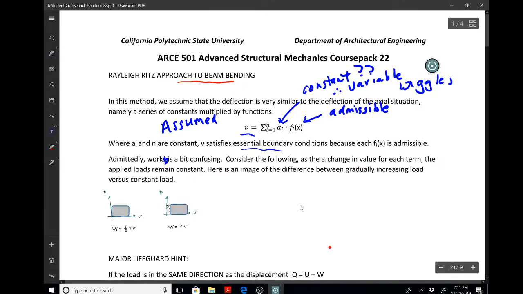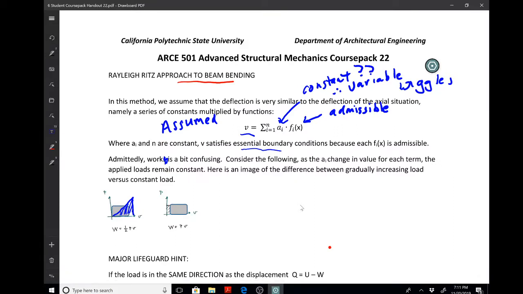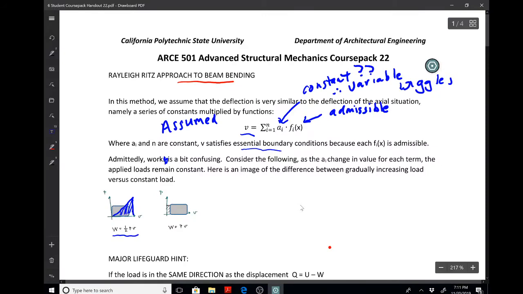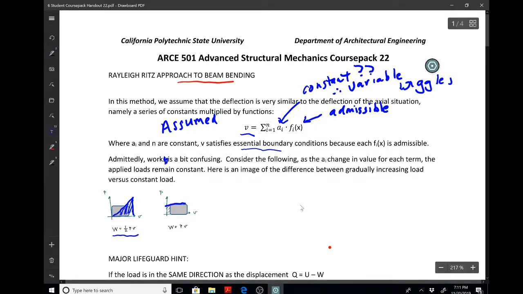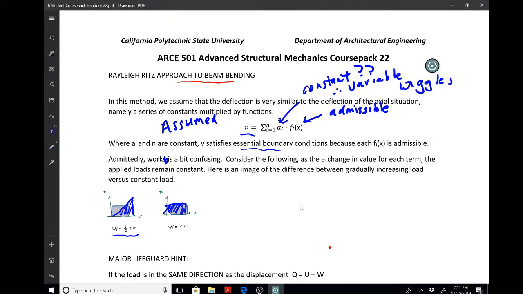A low-level interpretation is this, that if the load is 0 and it ramps up slowly to some final load, then we have to have the factor 1/2 because that shape is a triangle, the area under that curve. If the load is on the body and another load is applied to it, as in the unit load method or in Castigliano, then the shape is a rectangle and there's no 1/2.